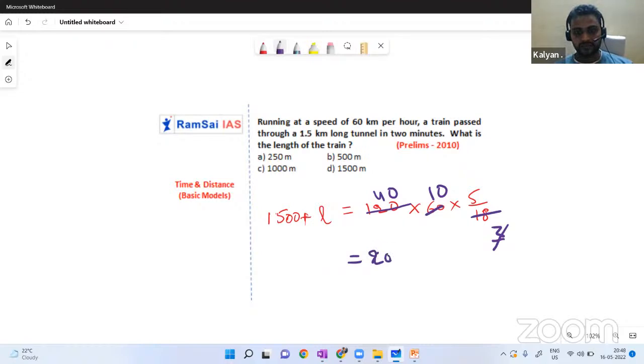Be patient, please. 2000. 1500 plus L equal to 2000. So L will be 500.